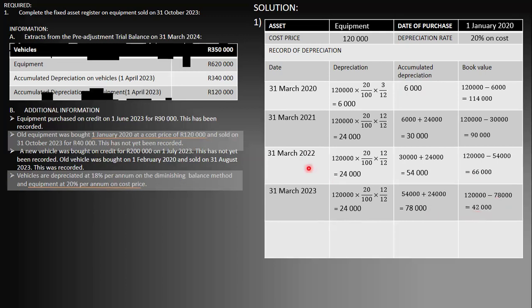Now, when was this equipment sold? It was sold on 31st October 2023, right? So we need to count the number of months from this month to the time that it was sold, right?